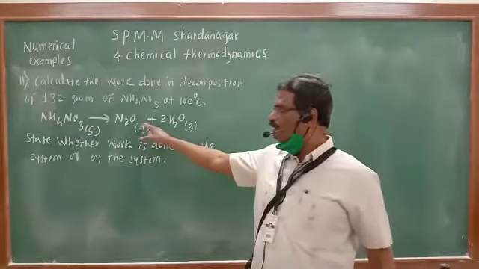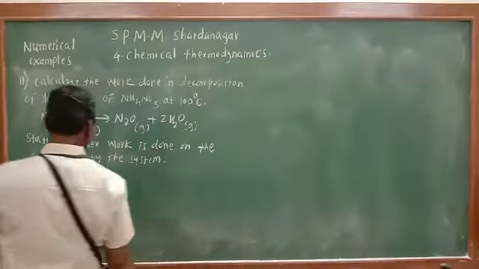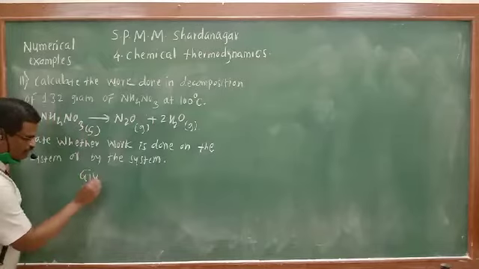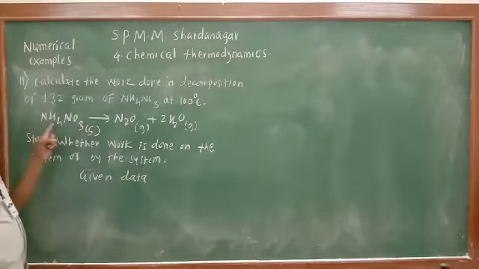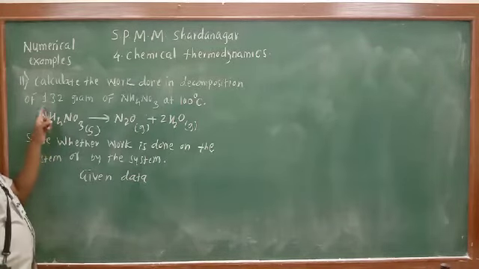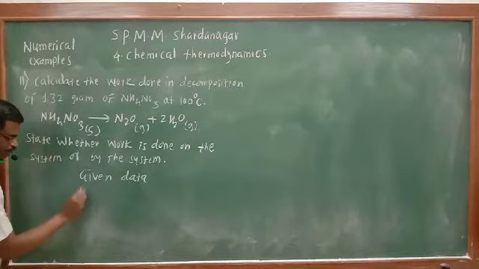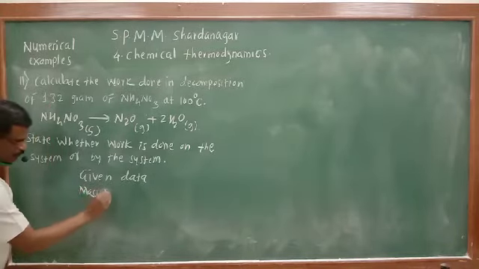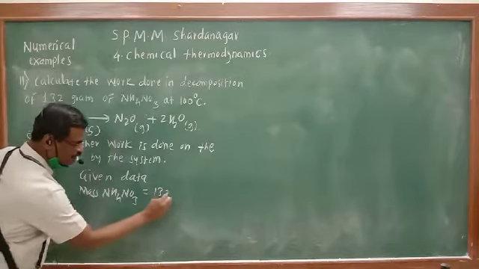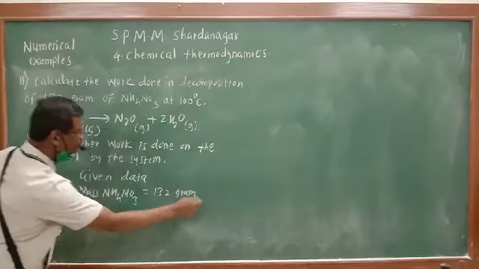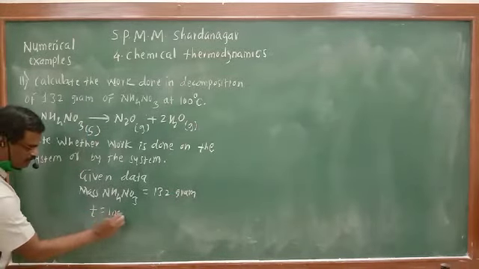So here we have to calculate the work done during a chemical reaction, for which they have given the data: the reaction, then the mass of ammonium nitrate, equal to 132 gram, and the temperature is given 100 degrees Celsius.